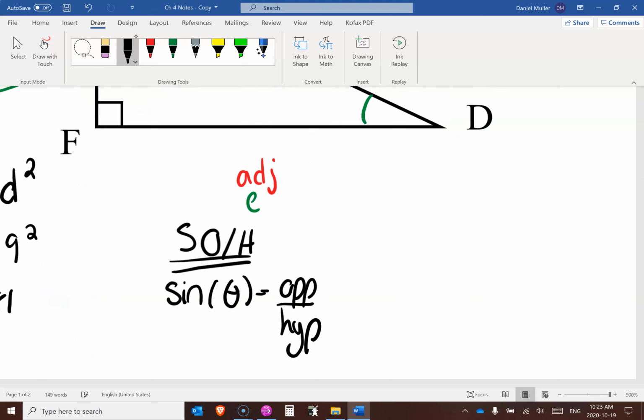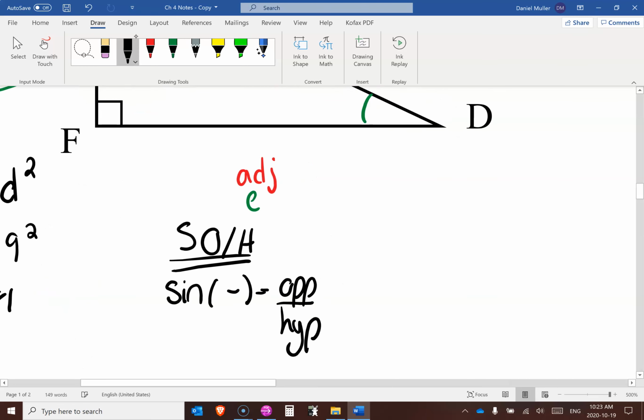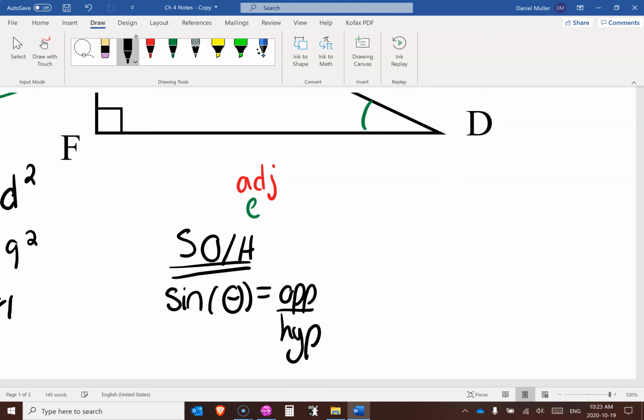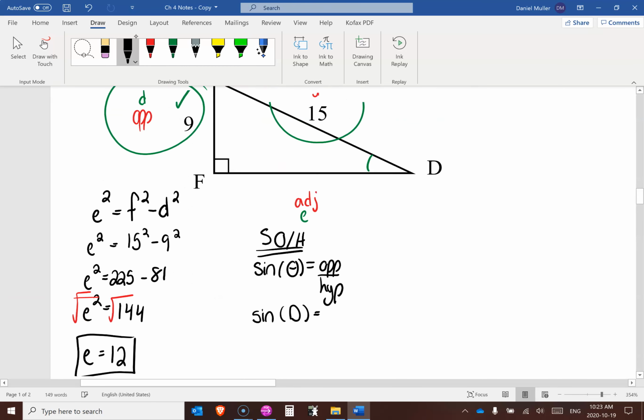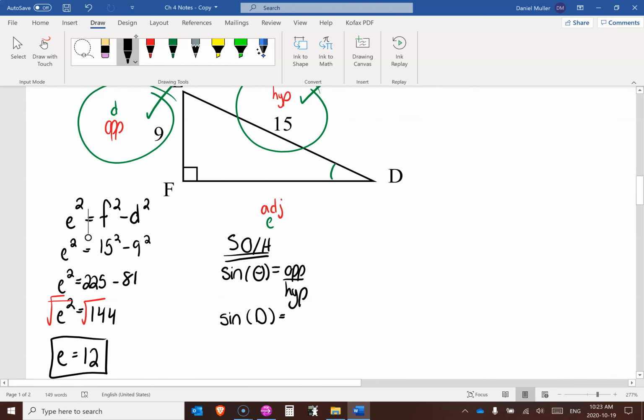So always start with your formula. Now, sine of some angle, in this case we don't know what the angle is, it's D, equals opposite, which is 9, over hypotenuse, which is 15.